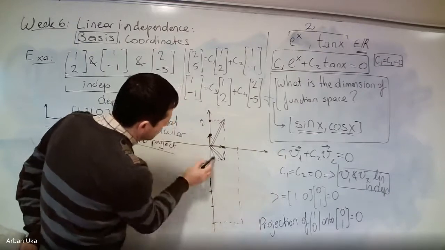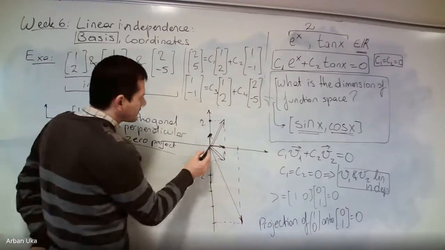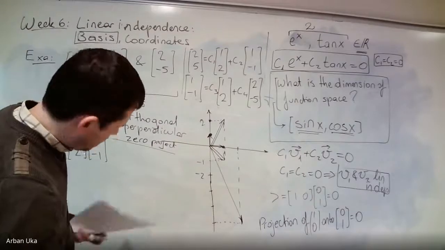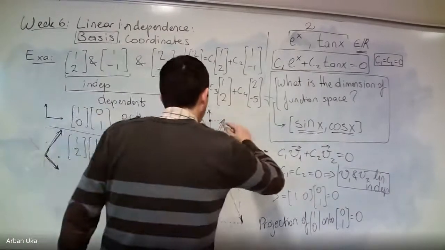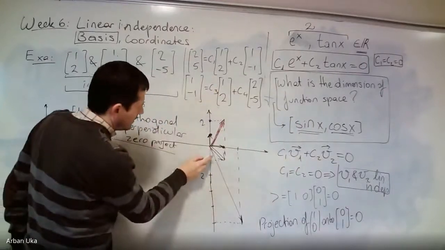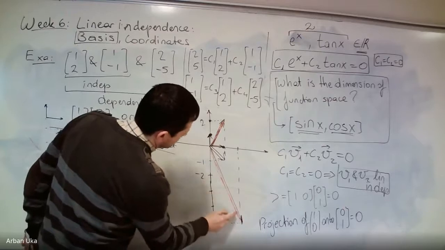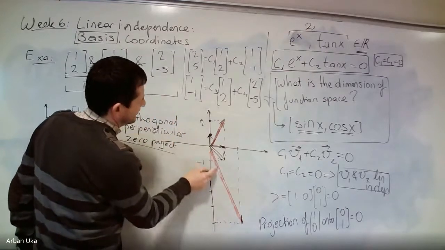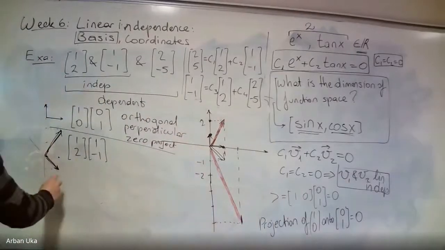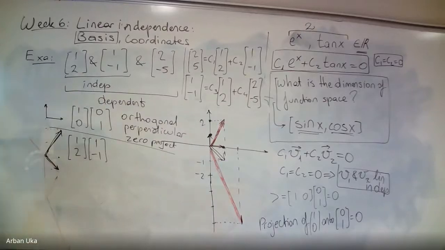And here we have the other basis, which is constructed of this 1, 2, which we can draw here. Here we have the other pair, which is going to look like this, and a vector which extends way down there.